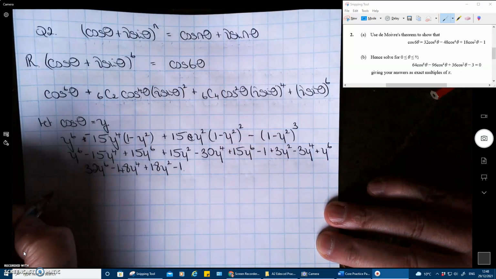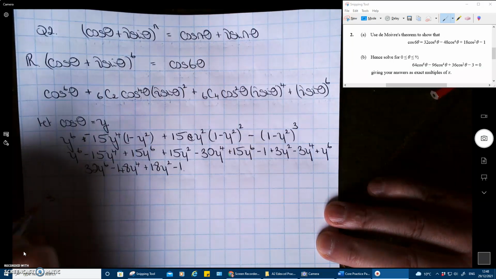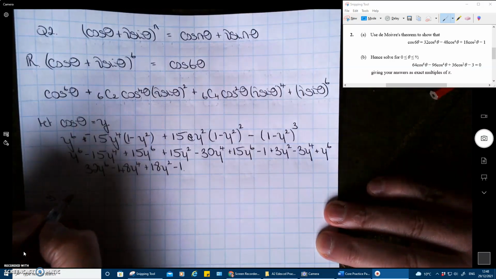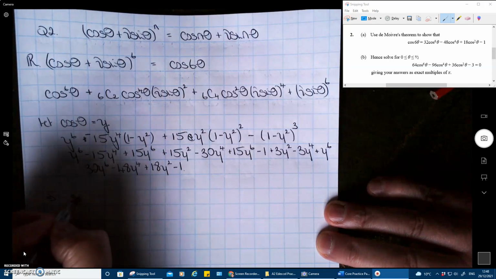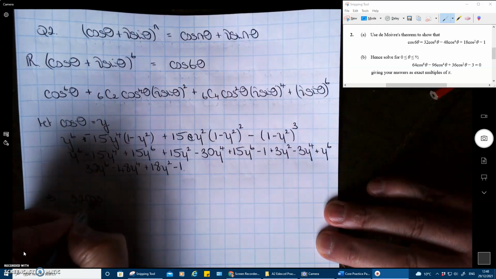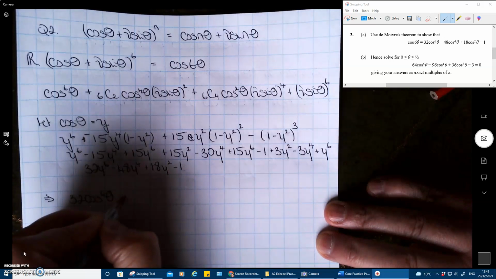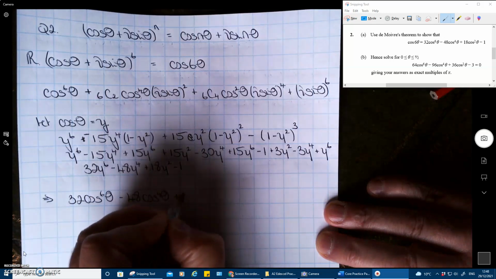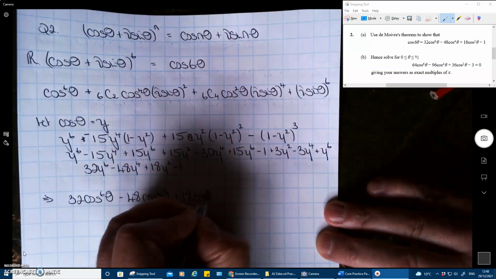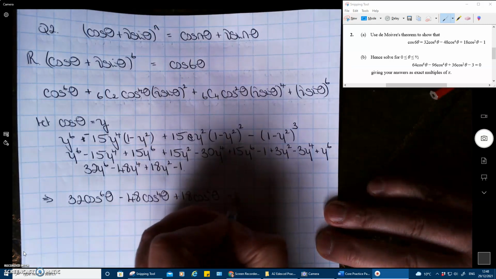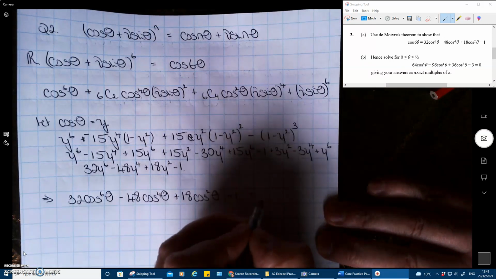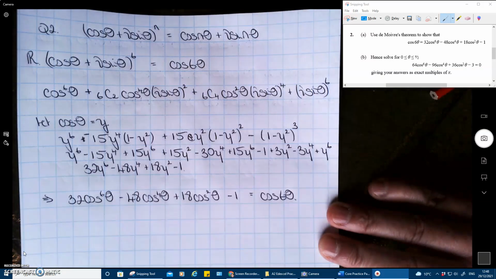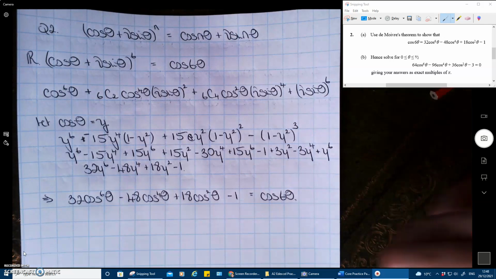So therefore that implies, remember this is the real part of this, which I know equals cos 6 theta, so I've got 32 cos to the 6 theta, take away 48 cos to the 4 theta, plus 18 cos squared theta, take away 1, equals cos 6 theta. Okay. Not too bad, just a bit of algebra involved there.